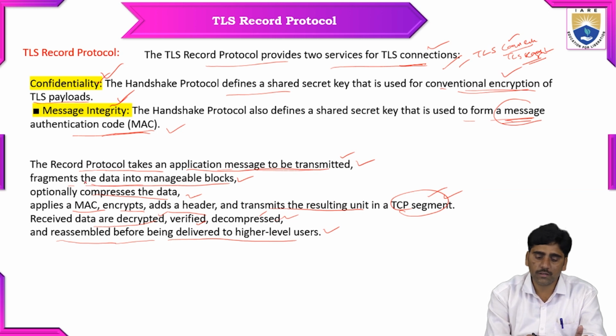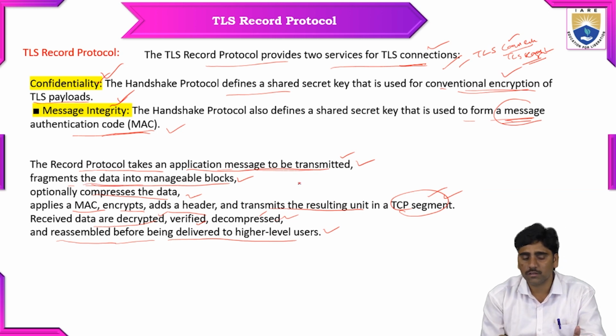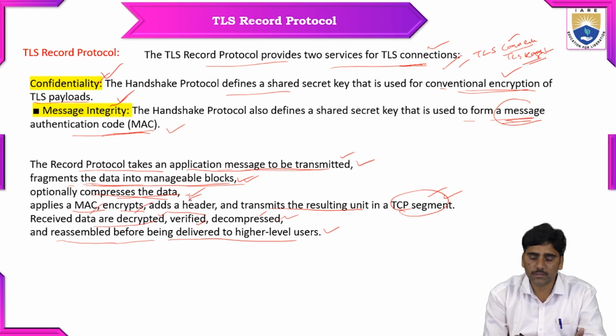Then the message is divided into fragments, which are manageable blocks, and the data is optionally compressed. Then MAC is applied, encryption is performed, a header is added, and the resulting unit is transmitted in a TCP segment. Received data is also decrypted, verified and decompressed.